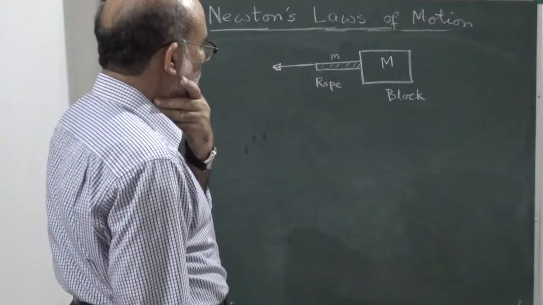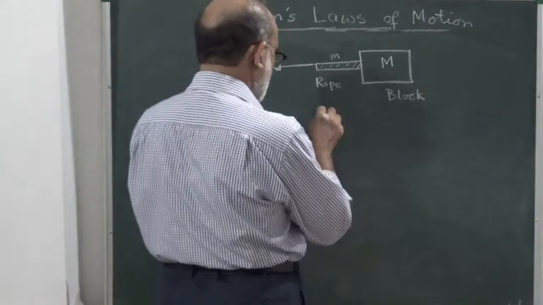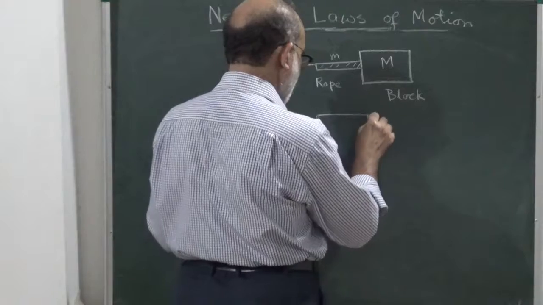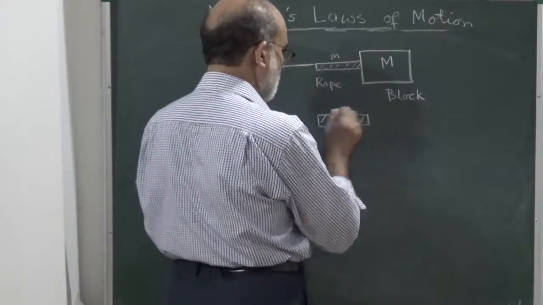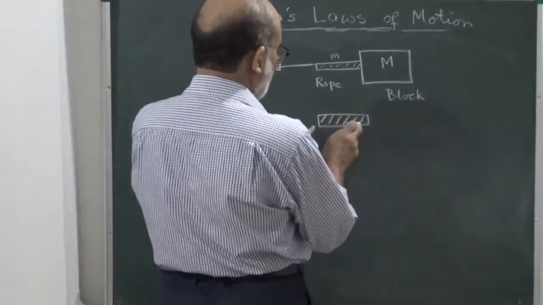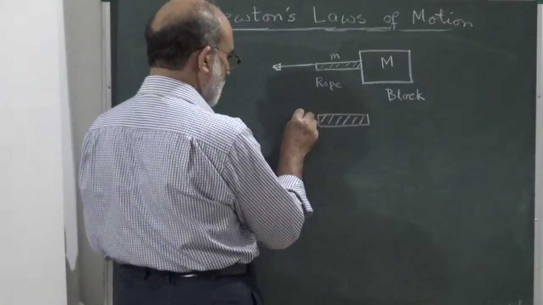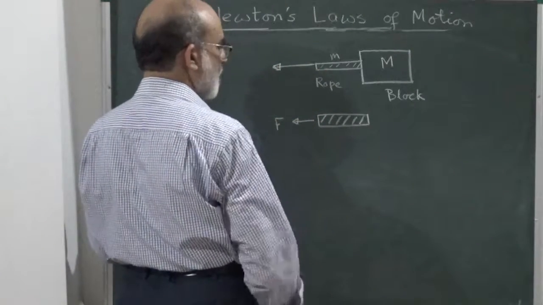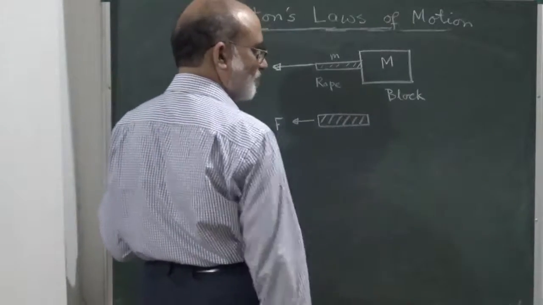In order to apply Newton's law, we isolate. Suppose the rope is isolated. Our rope acts as a system, and the surroundings will be the external agency which applies force here, and the block is also external to this.